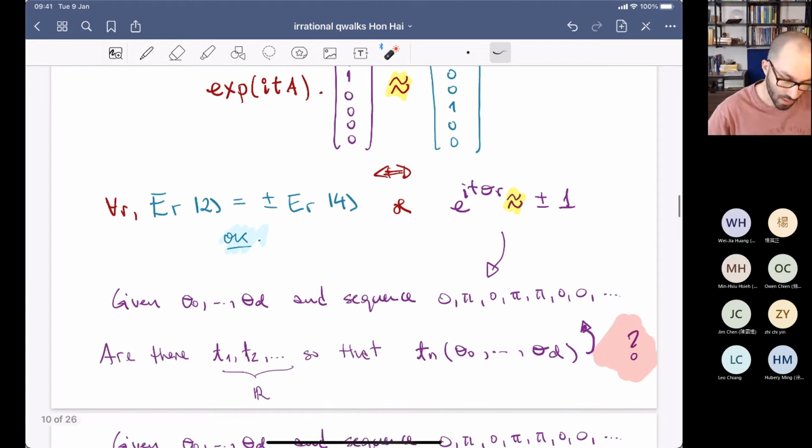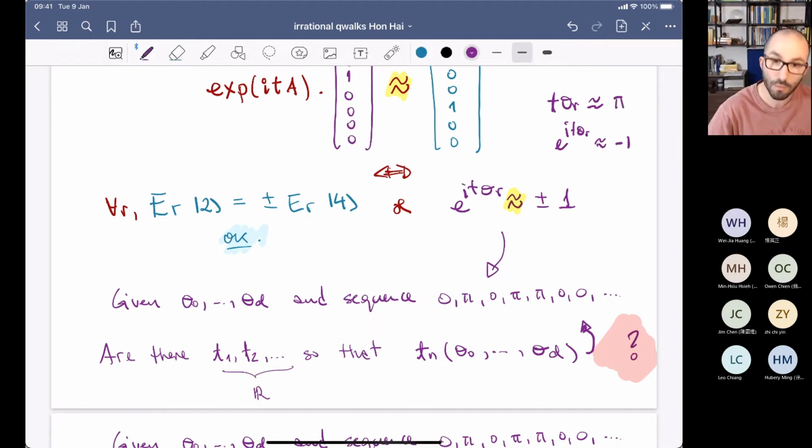And this exactly means that if you have a sequence of your eigenvalues and a sequence of values 0 and pi, you want t theta r to approach 0 when you want e to the i t theta r to approach 1. And then, of course, you want this to approach pi when you want this to approach minus 1.